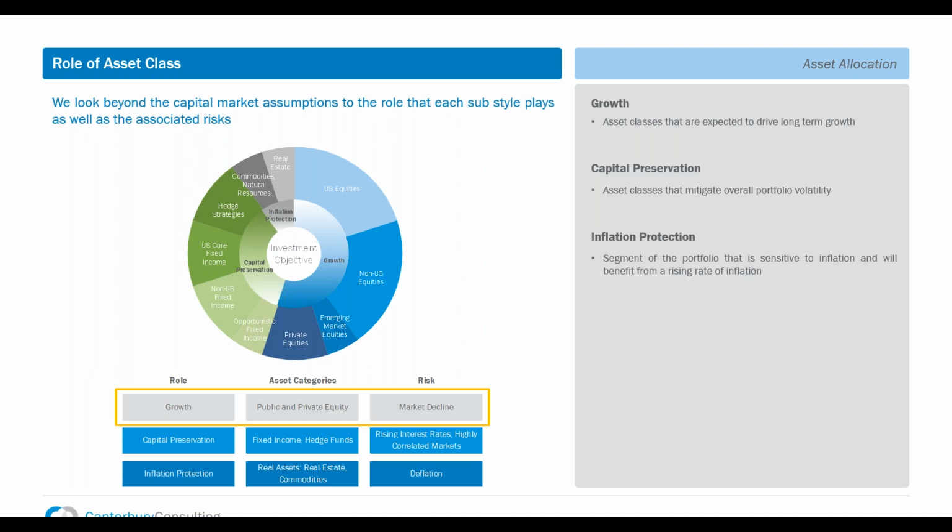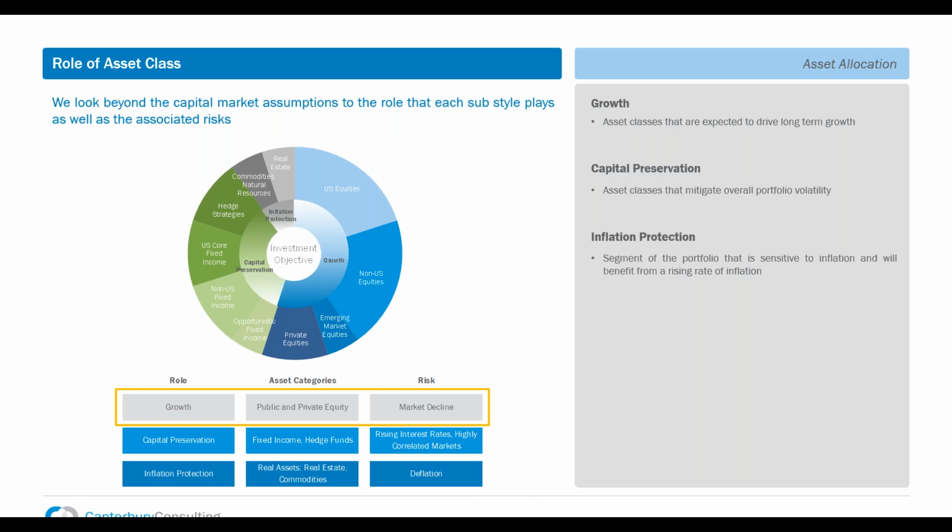The 3 roles on the page are: we want to grow the portfolio, we want to provide capital preservation within a portfolio, and we want to provide protection against inflationary periods. Ultimately, depending on your organization's objectives and constraints, you're trying to find the right balance between those 3 items: growth, protection from risk, and inflation protection, depending on your time horizon, your risk objective, your spending needs, your liquidity constraints, etc. In the vein of private capital, it fits into the bucket of where we can drive growth from both public and private markets.